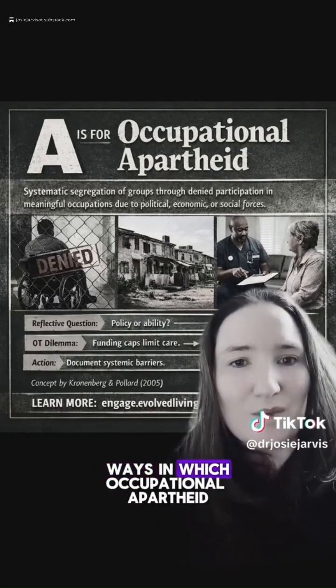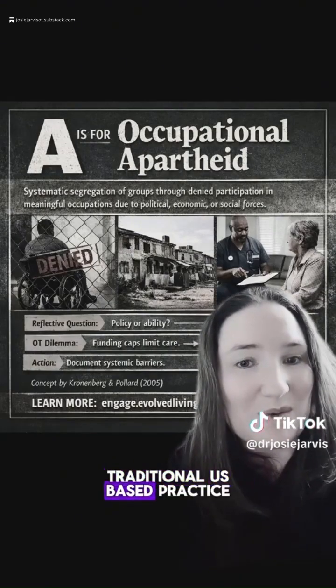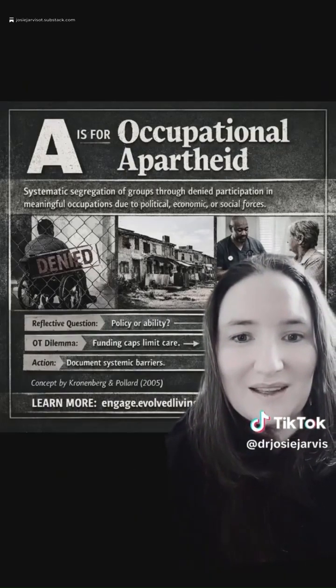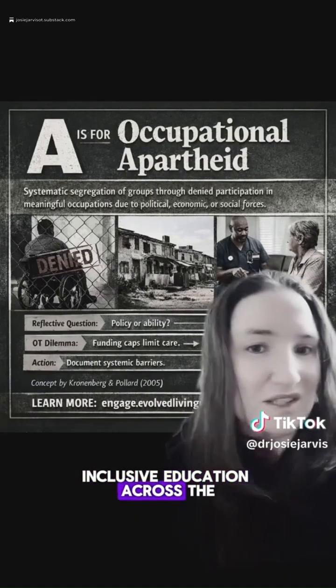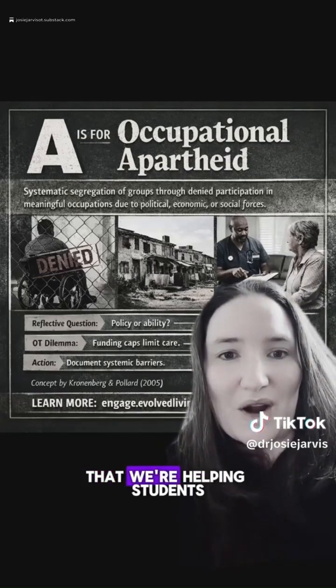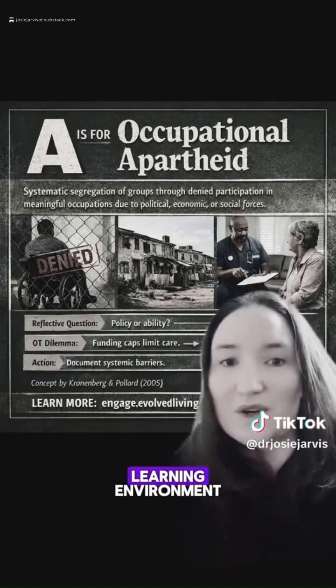One of the common ways in which occupational apartheid is really built into traditional US-based practice is actually through school-based practice. Inclusive education across the United States has developed under this foundation that we're helping students perform and participate in the least restrictive learning environment.